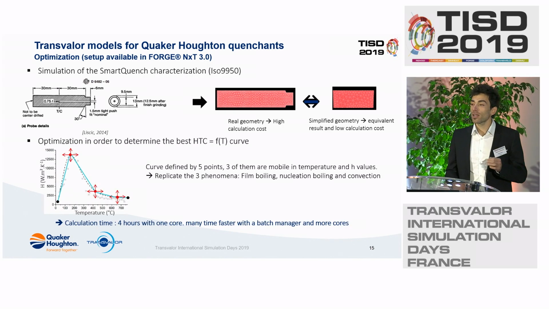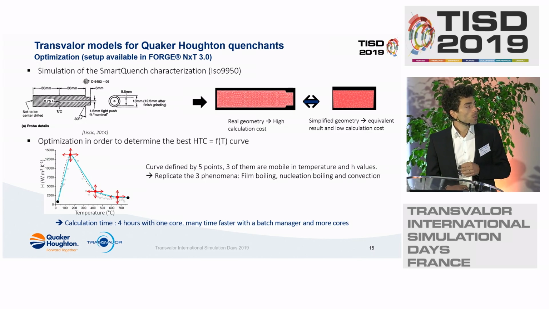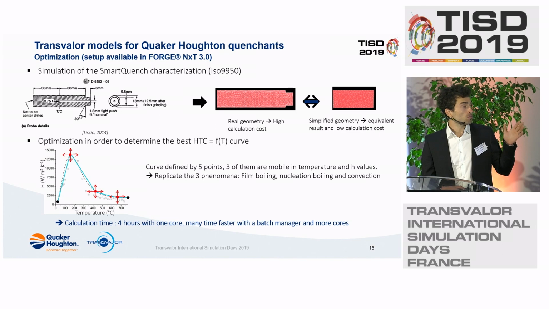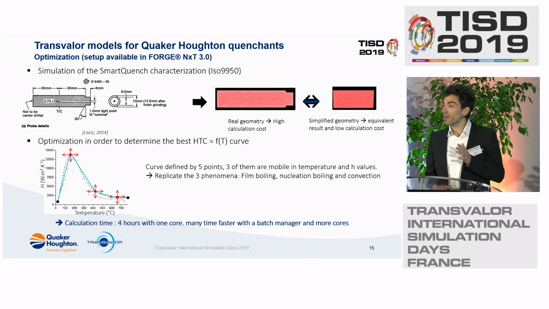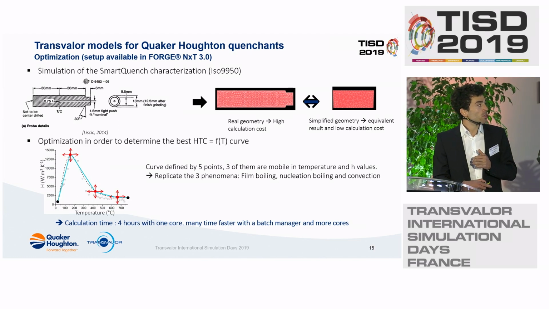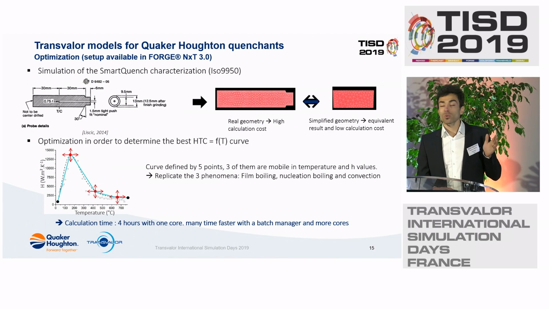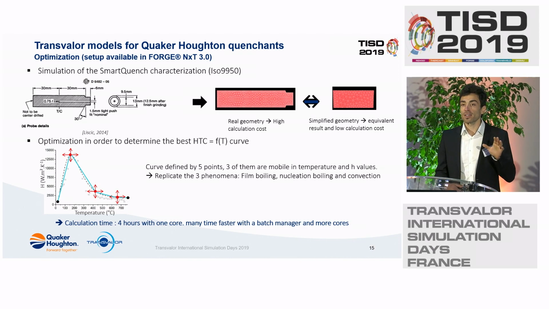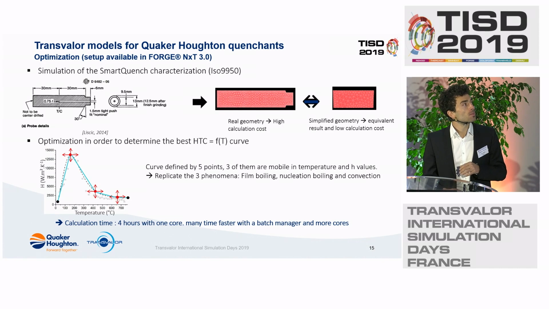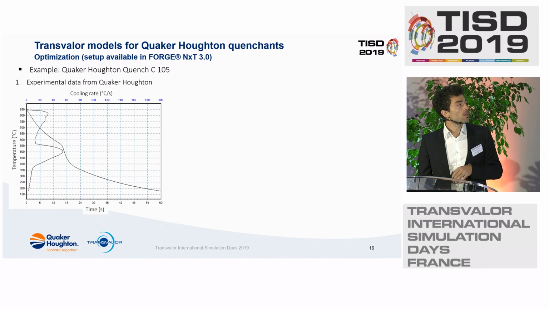And then we considered an optimization procedure, which is based on finding a heat transfer coefficient curve, which is defined by 5 points, three of which are mobile in temperature and heat transfer values. So that way we are able to replicate the phenomena happening at the surface while having reasonable computation cost. So an example here, I use as an input data the cooling curve that you see here.